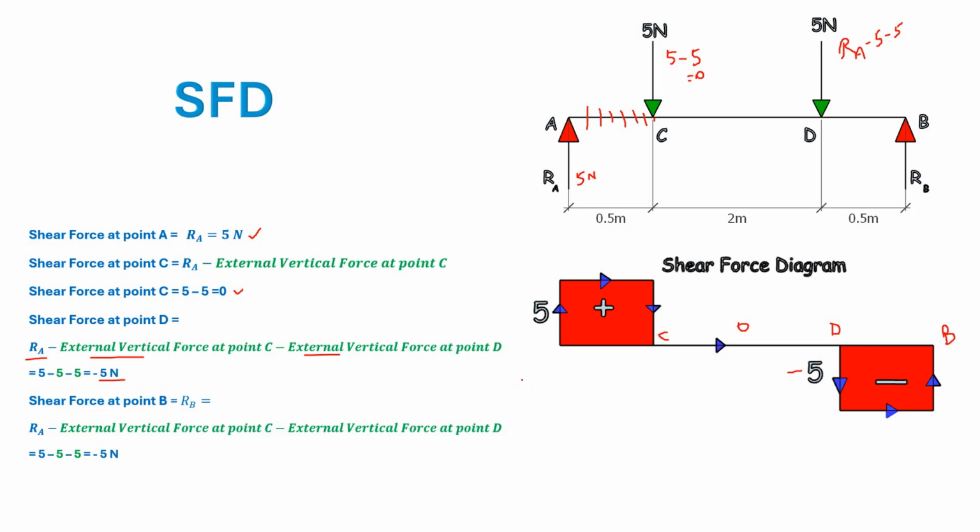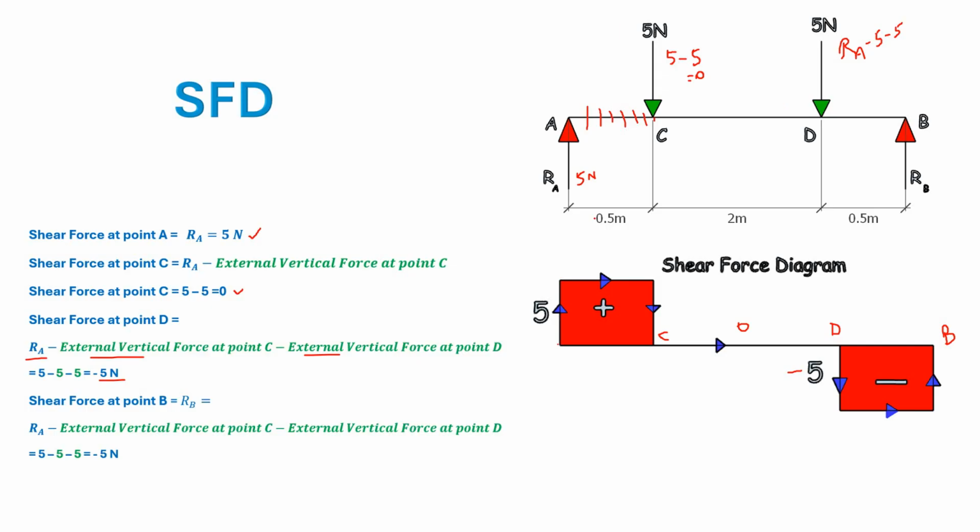So this is how we are drawing the shear force diagram. The point is, here you can find arrows. These arrows are used for convenience, to show how the shear force is varying between these points. The arrow starts from this point and ends at this point.